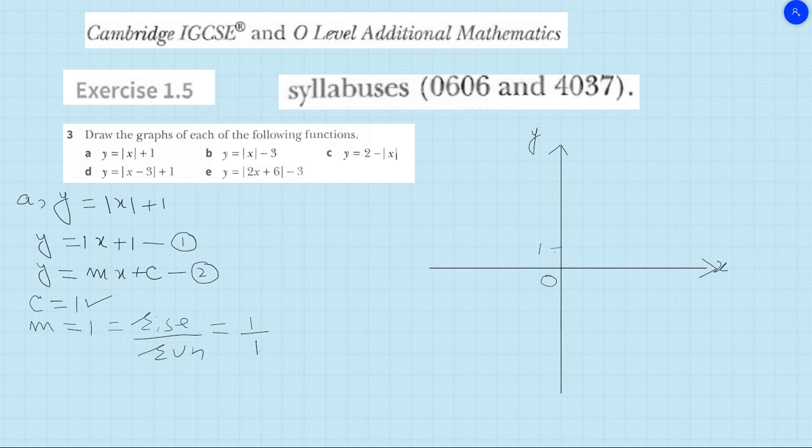Now, for our reference point, which is the y-intercept 1, we move rise, meaning above 1. This is the first point. Then move rise, then run. This is the second point. Then rise, then run. Third point, then rise, then run, and so on.